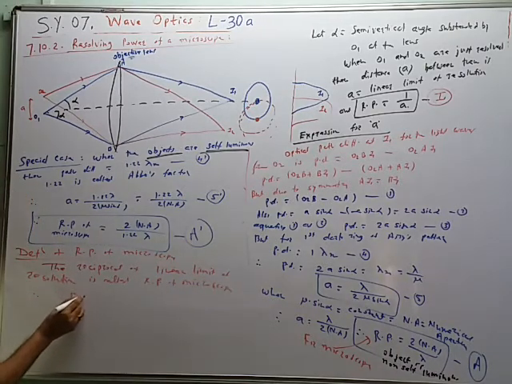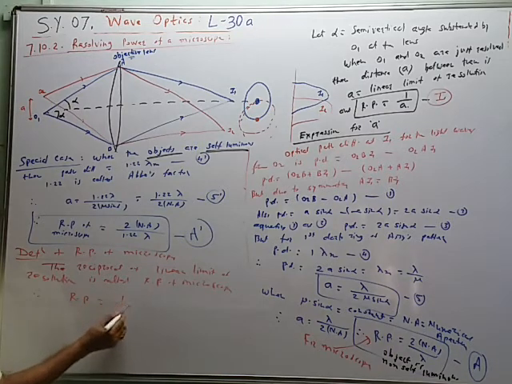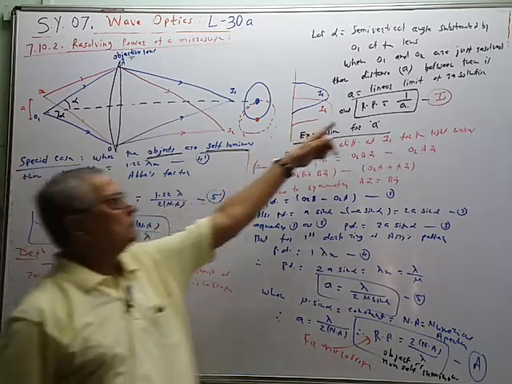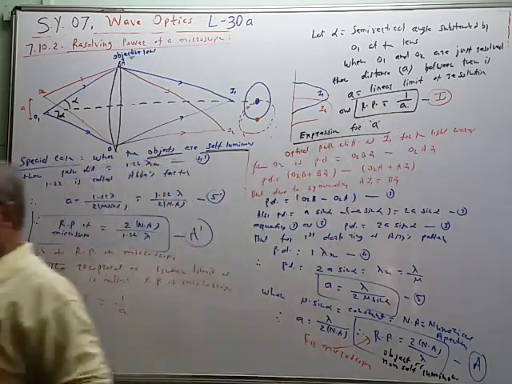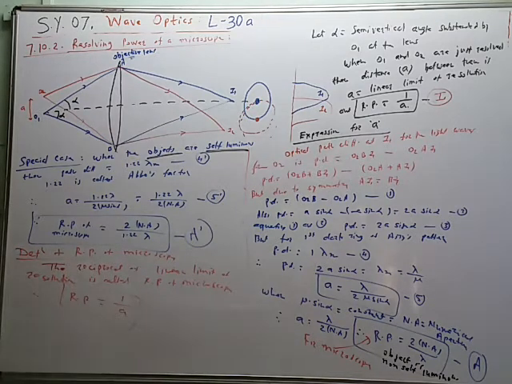Therefore, RP is equal to 1 upon a. This equation. a is the linear limit of resolution. So this is about the resolving power of the microscope, like this.